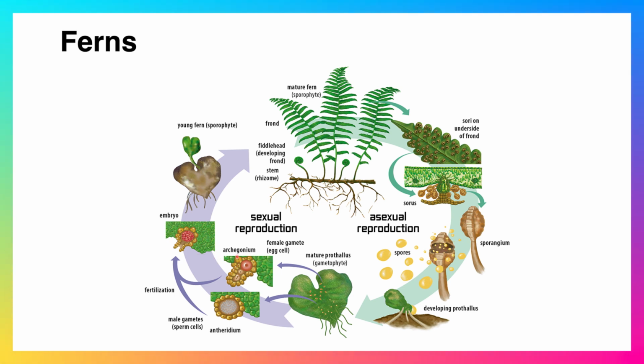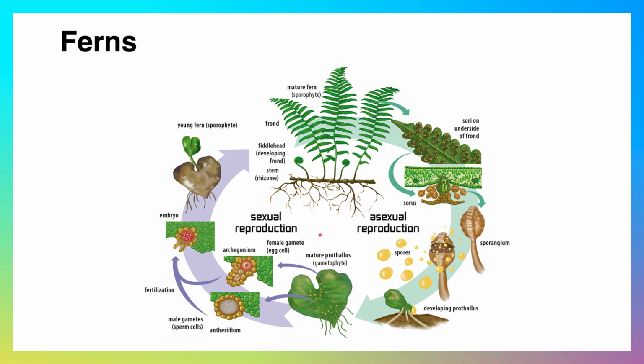And then you have two areas of the prothallus. One's called the archegonium, which produces the egg, and the antheridium, which produces the sperm. These unite and produce an embryo. Then out of the prothallus, the new sporophyte comes forth and eventually comes back, and then we repeat.